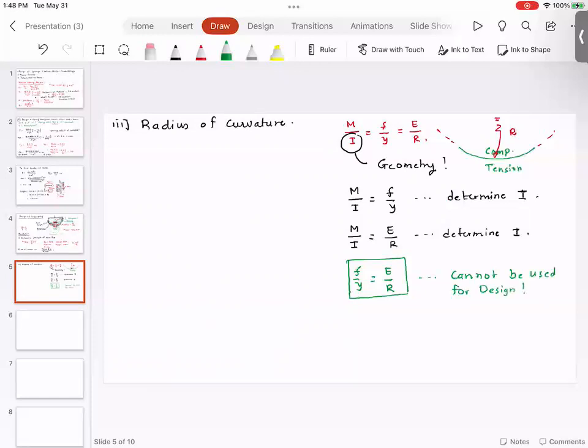On the other hand, you have the top two equations, M divided by I is equal to F divided by Y, and M divided by I is equal to E divided by R. Those two equations can be used to determine cross section. The first equation, when you use it, is called the strength-based design.